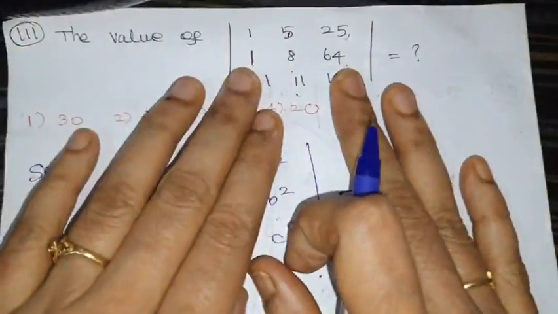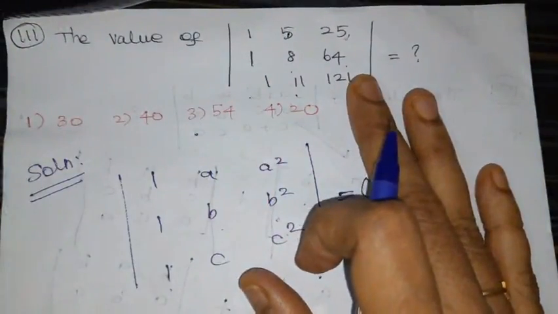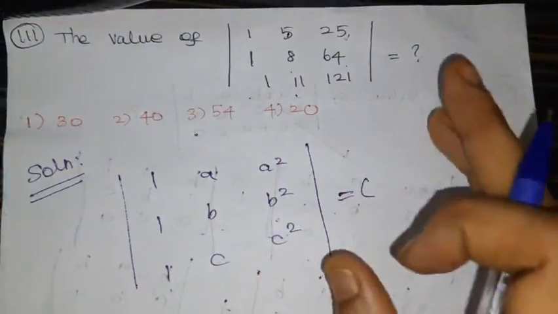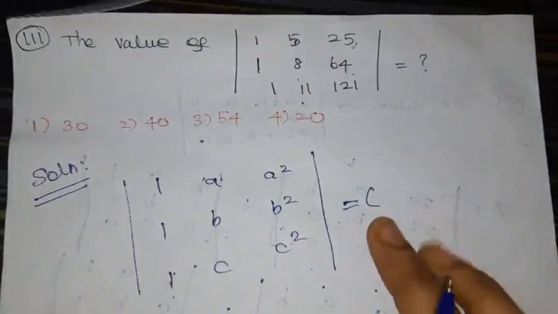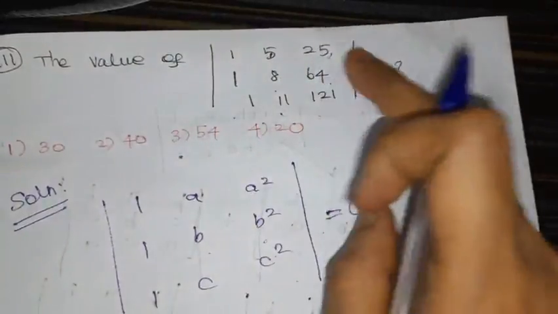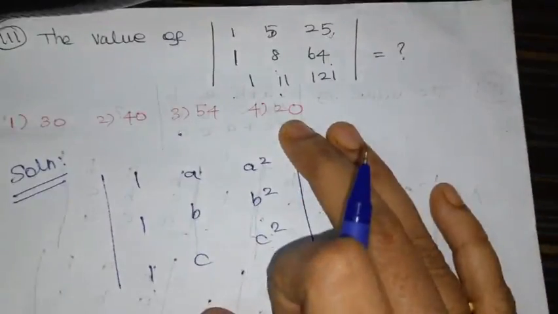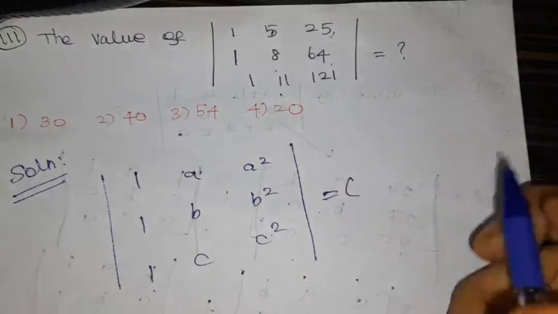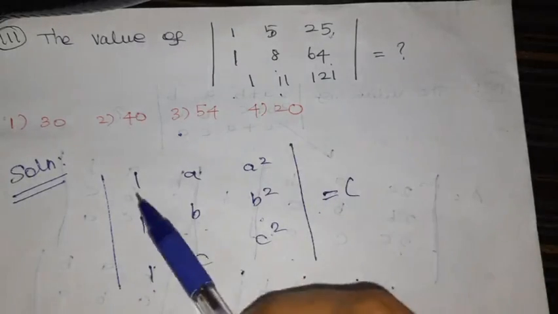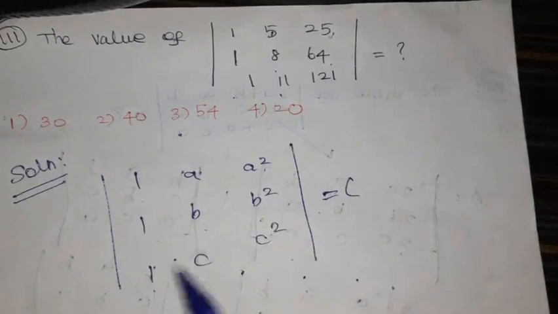We need to find the determinant. By the general standard procedure, we know how to find the determinant: just expand these values. But the values are very high, so it will drag on when multiplying and adding, and simplifying will take much time. To avoid this, note it is in the form of 1, a, a squared; 1, b, b squared; 1, c, c squared.